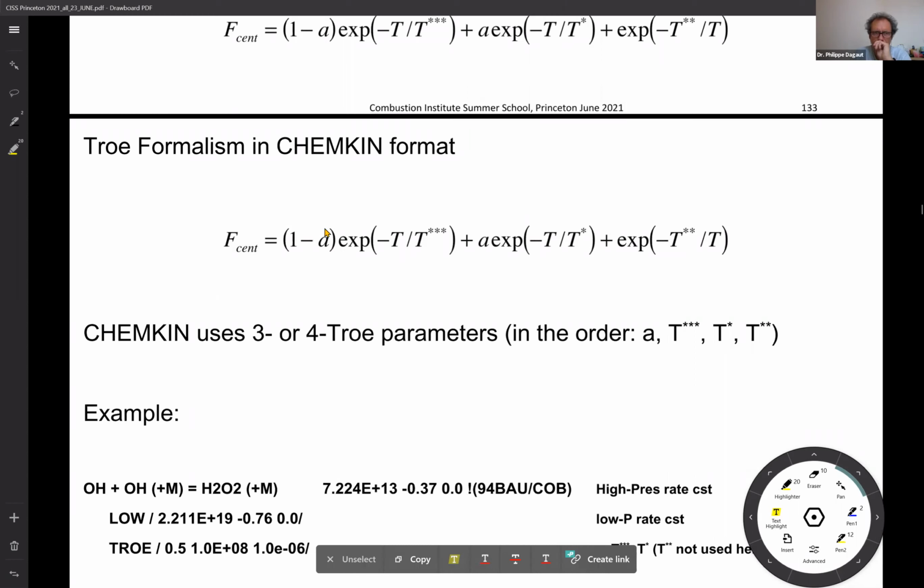And how is it implemented? So you write the equation as usual.